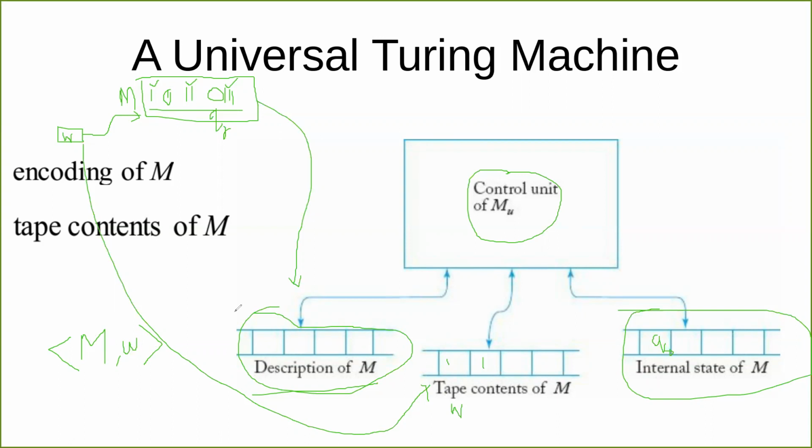This is our question, and MU would reply yes or no. If M accepts W, then MU would say yes. If M rejects W, then MU would say no. So this is a universal Turing machine.